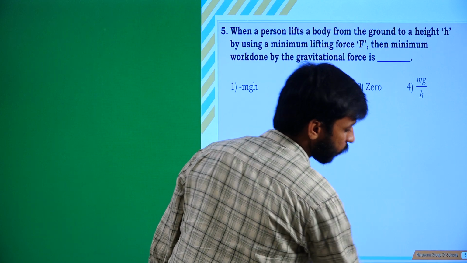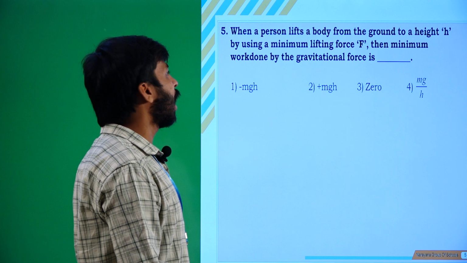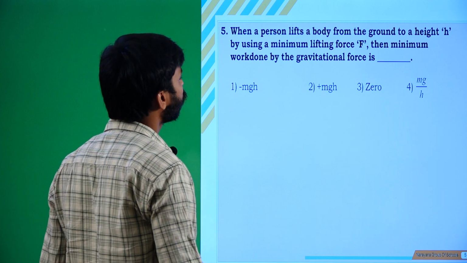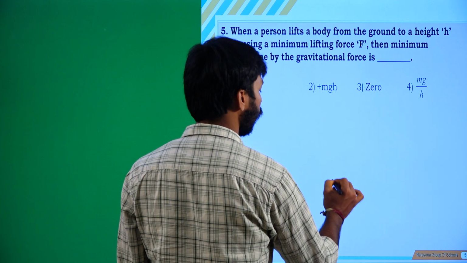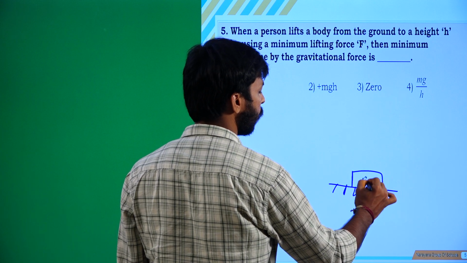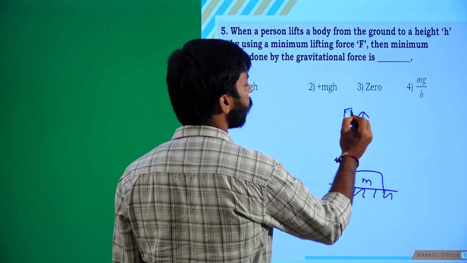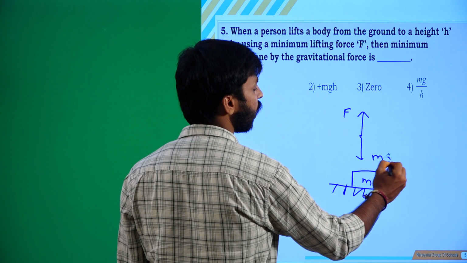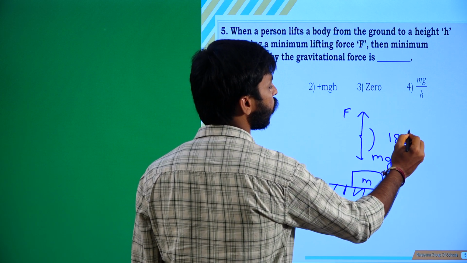And next, a person lifts a body from the ground to a height h by using minimum lifting force. Minimum lifting force means, for example, on a horizontal plane there is a mass m, and the person pulls with force F. The gravitational force is mg, and the angle is 180.